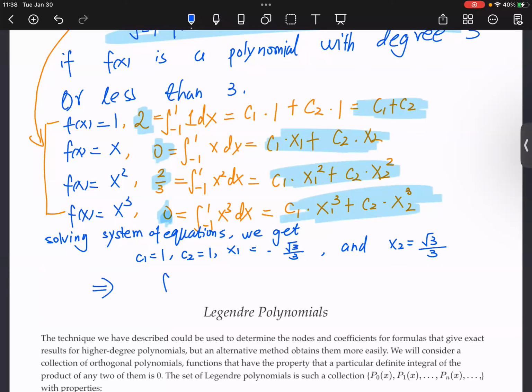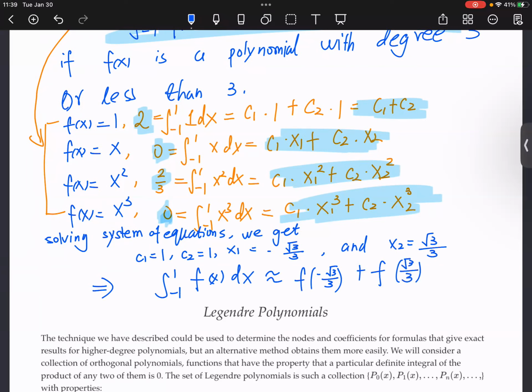This is the Gaussian quadrature rule with 2 nodal points. The integral can be approximated by, because the coefficients are 1, so I will skip writing the 1, the function evaluated at the nodal points, negative square root of 3 divided by 3 and square root of 3 divided by 3.